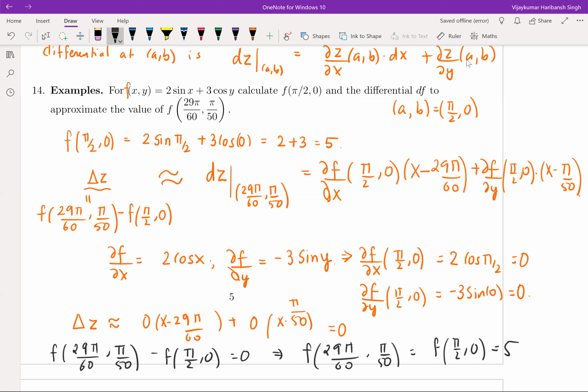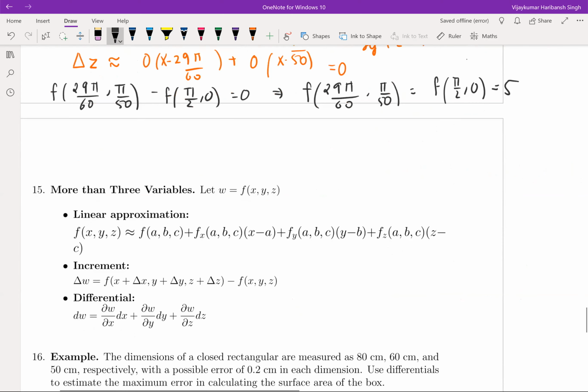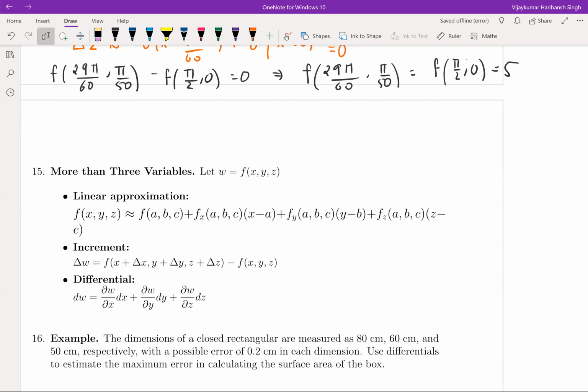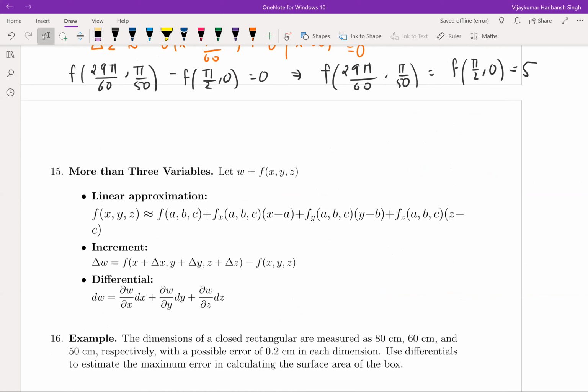All right, so we can play a similar game or process for a function of 3 variables. Let w be a function of 3 variables, x, y, and z. The linear approximation is given by f(x, y, z) is f_x(a, b, c) times (x minus a), plus f_y(a, b, c) times (y minus b), plus f_z(a, b, c) times (z minus c), plus f(a, b, c).